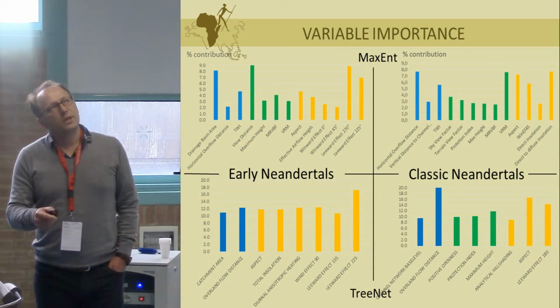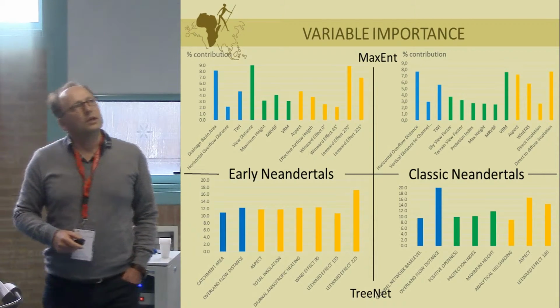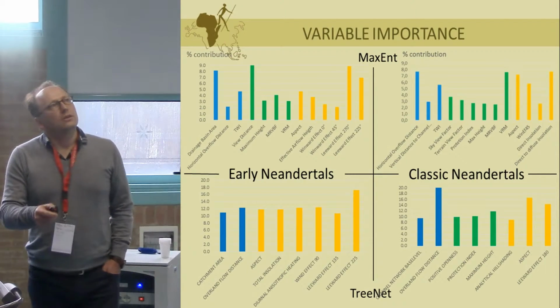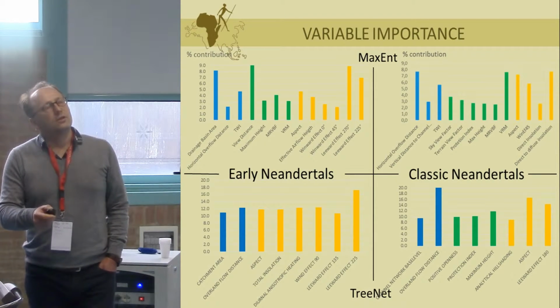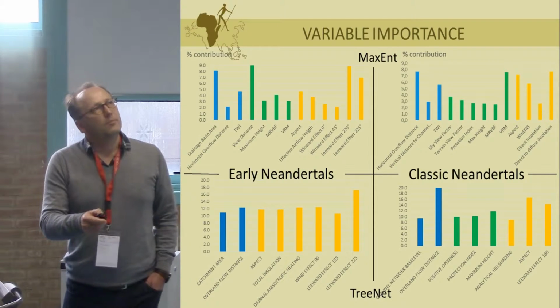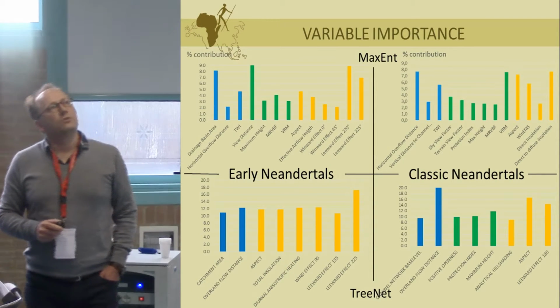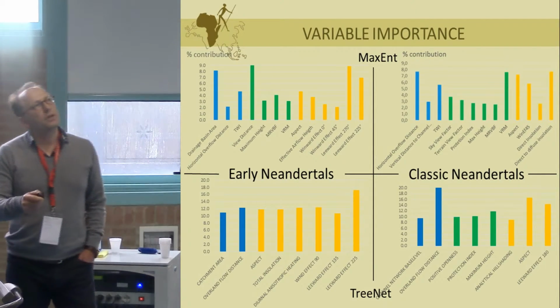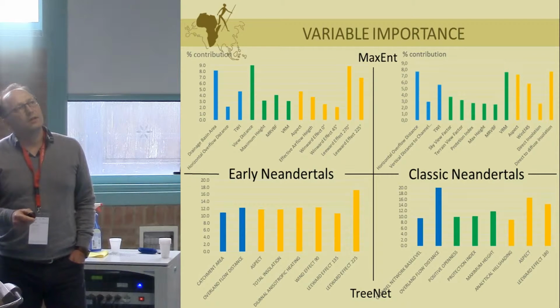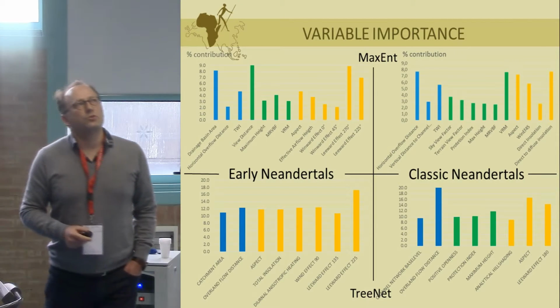What we can deduct from this diagram is that the classic Neanderthals seem to have more focus on the strategic aspects that are more selected in terms of the classic Neanderthals, whereas for the early Neanderthals there is more preference on the climate-related issues.